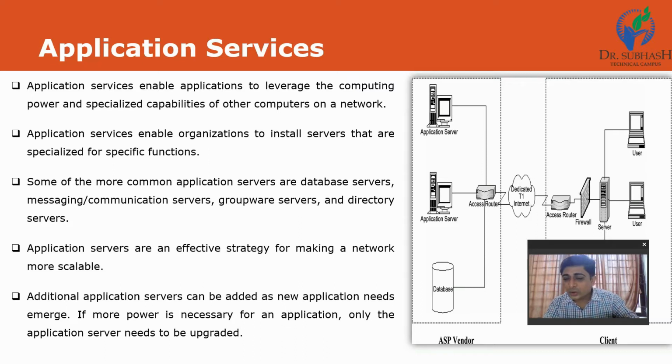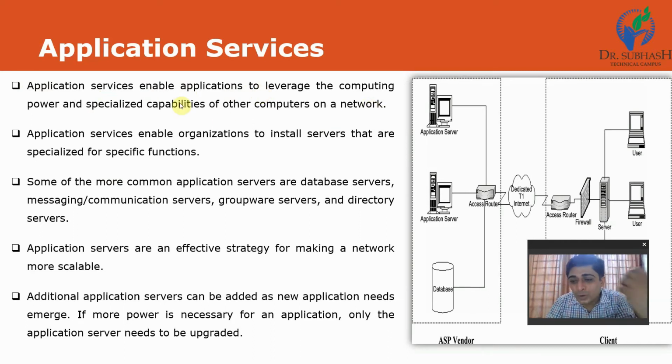If we have 5 computers in a network, then we can use the first computer to access the image, the second computer to make this image into grayscale, the third one for binarization, zeros and ones, and the fourth computer may be used for categorization of ones and zeros. So what is my purpose? If we have multiple computers, then it is easy to categorize your task. Here application services enable applications to leverage the computing power.